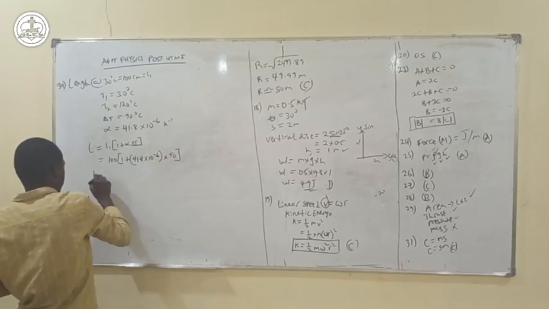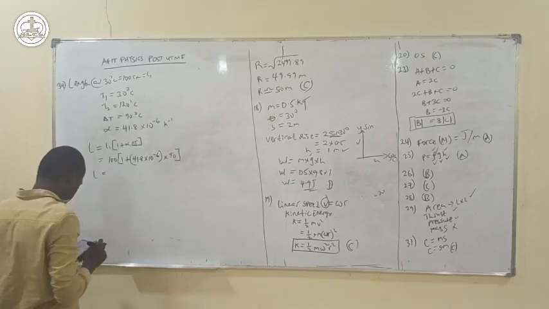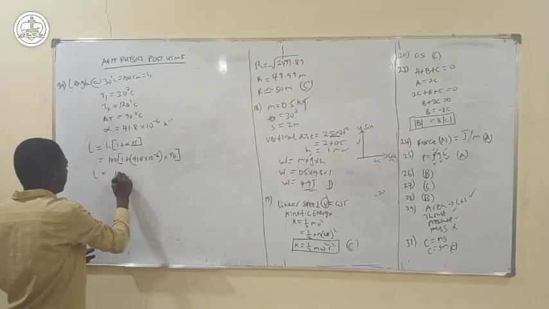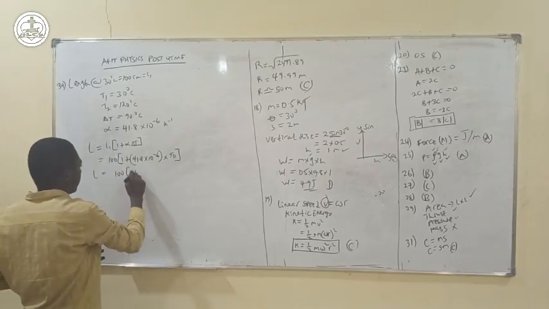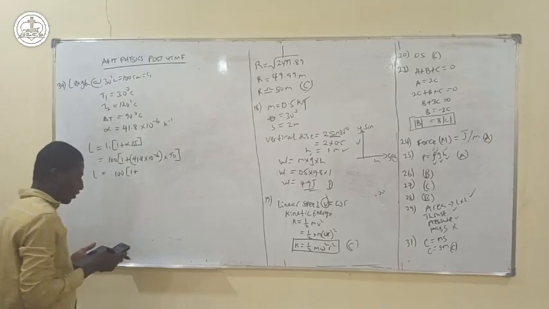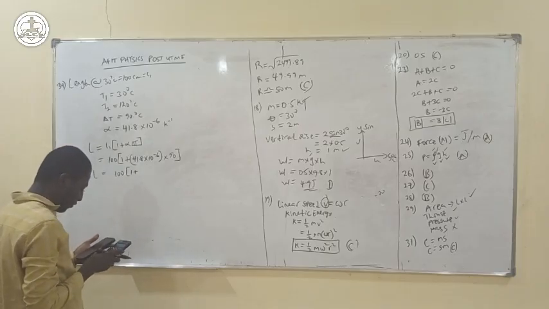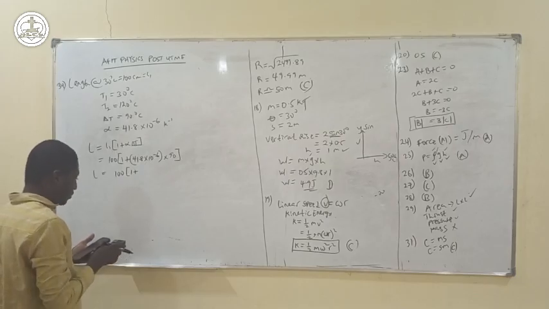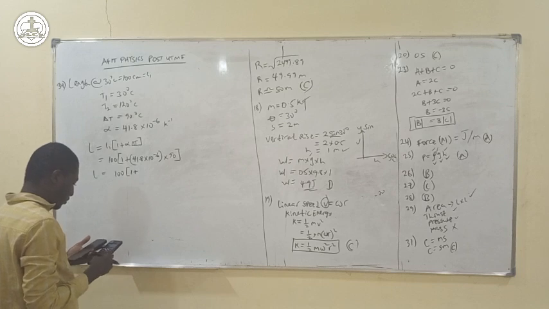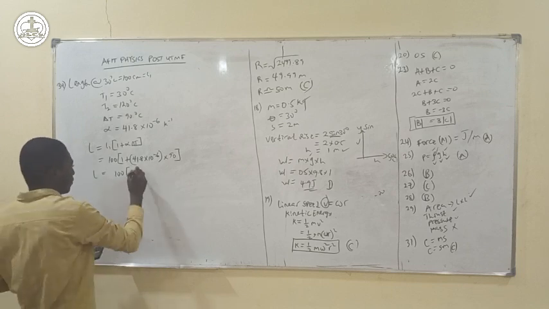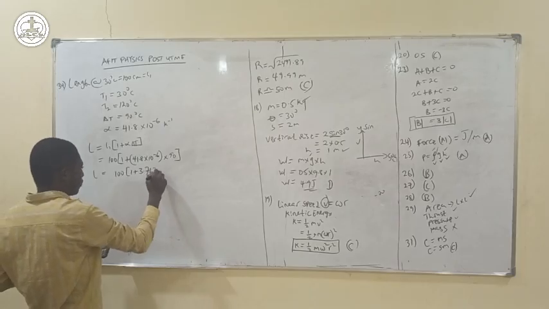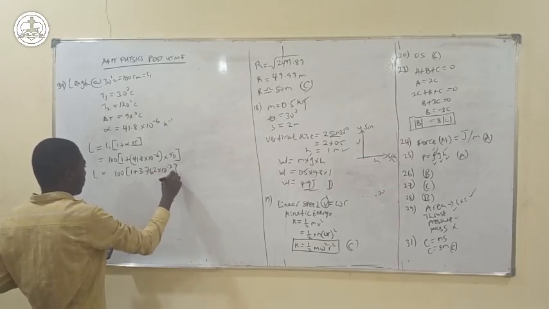So the new length is equal to 100 into 1 plus, remember your BODMAS rule still applies here, so be careful, 41.8 times 10 raised to power minus 6 times 90, which is equal to 3.762 times 10 raised to power minus 3.